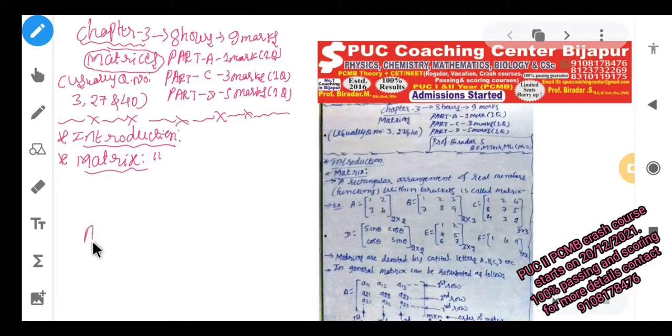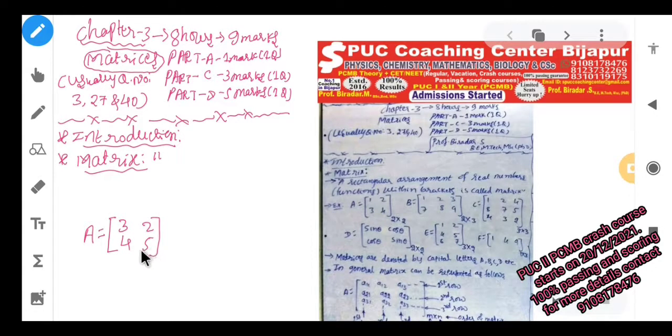Usually we denote a matrix by a capital letter such as A, B, C and so on. Let us consider an example, matrix A. Say here 3 2 4 5.